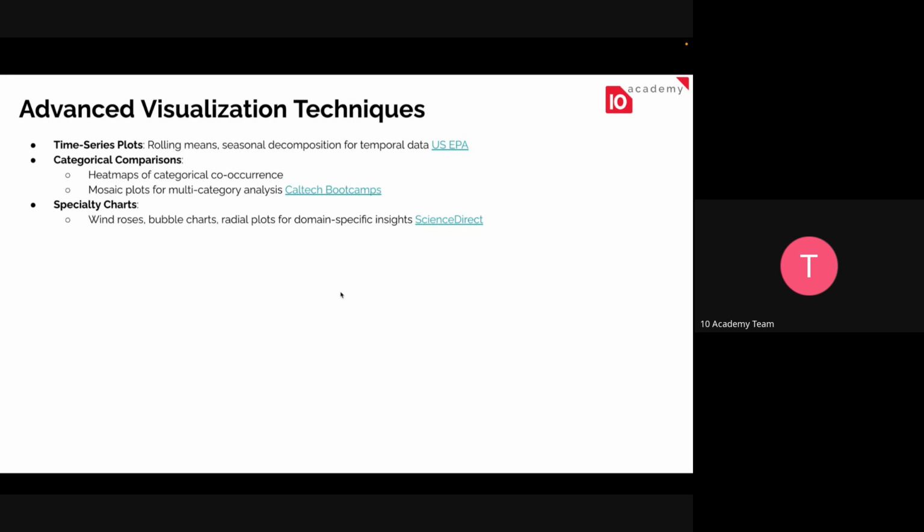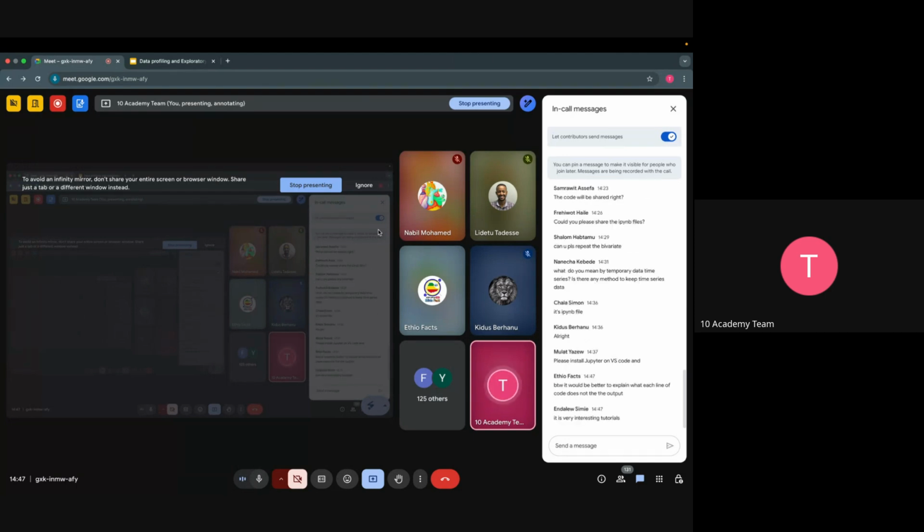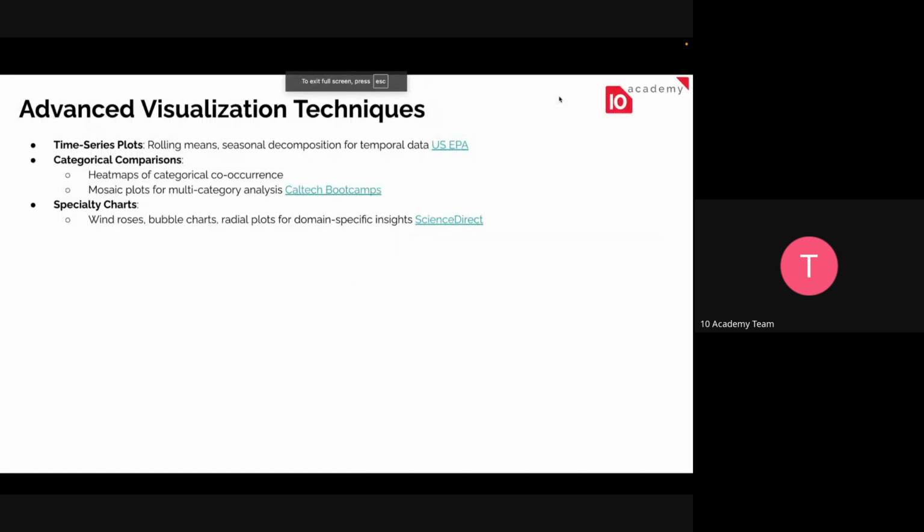Since this data set is not time series data, I cannot show you this, but it's not that hard. We can take a look at it later on, or I can add it to the code and share it with you guys.